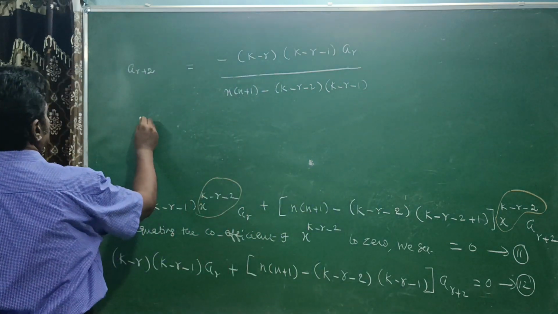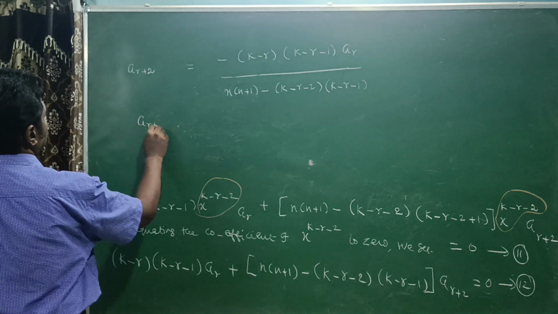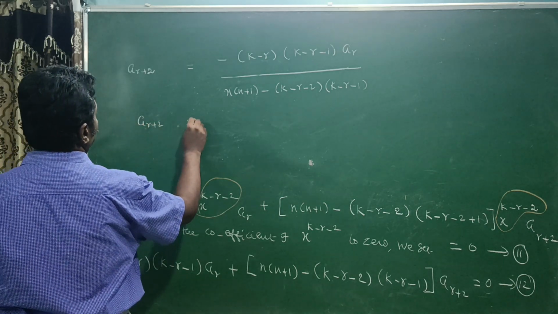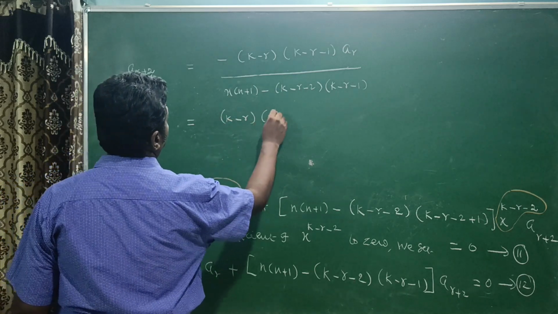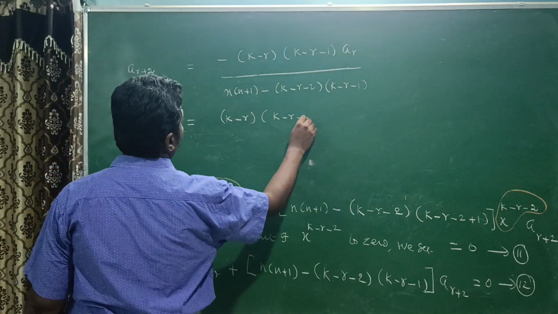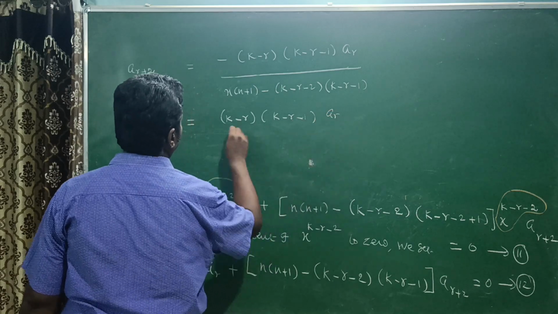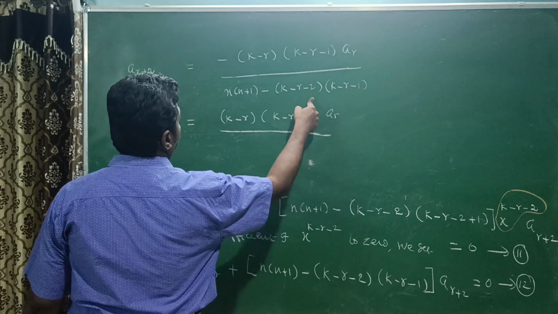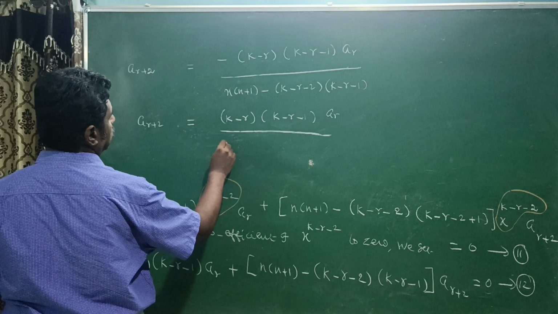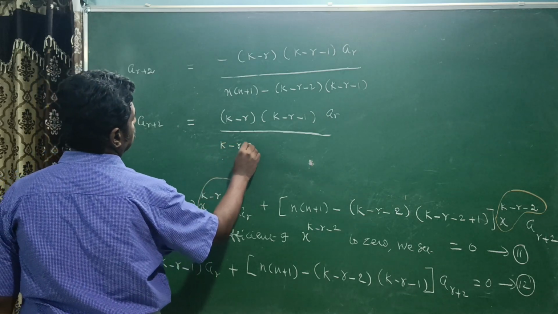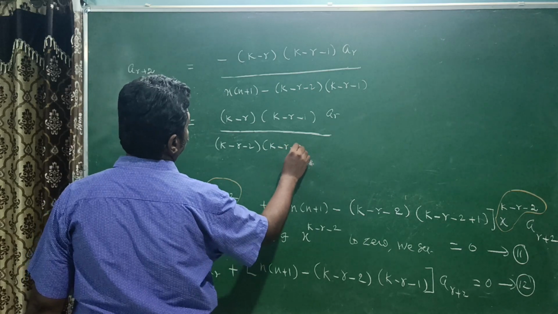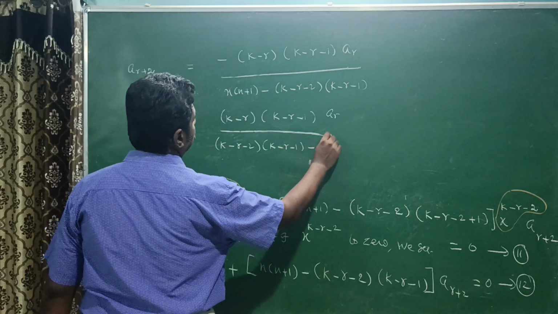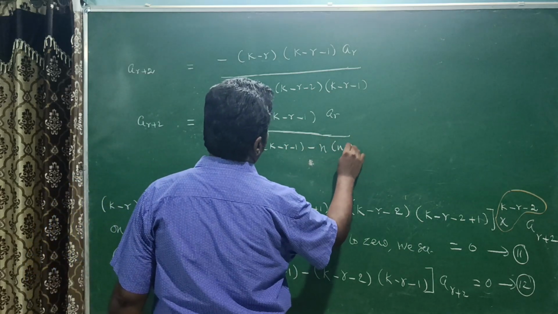Then this is modified as a r plus 2 which is equal to k minus r into k minus r minus 1 into ar divided by, write this term first, k minus r minus 2 into k minus r minus 1 minus of n into n plus 1.